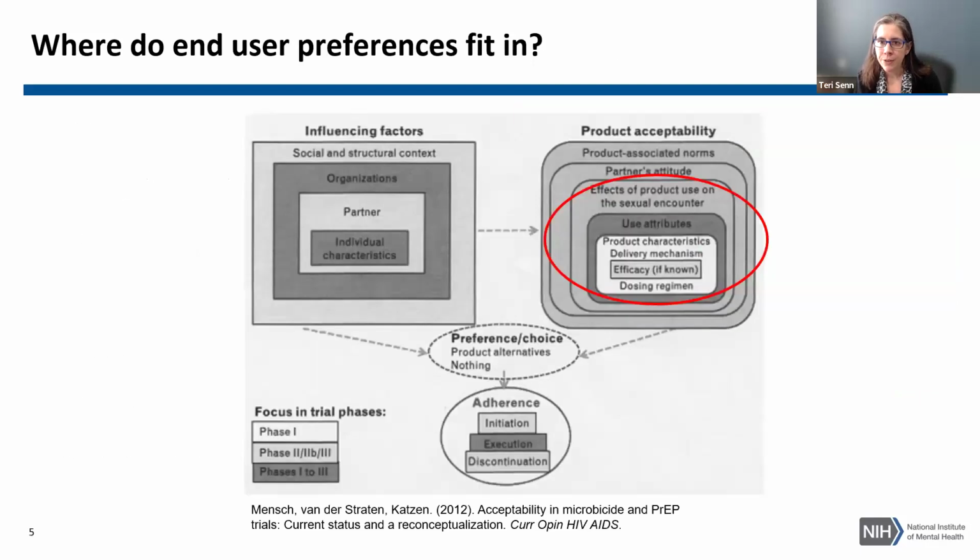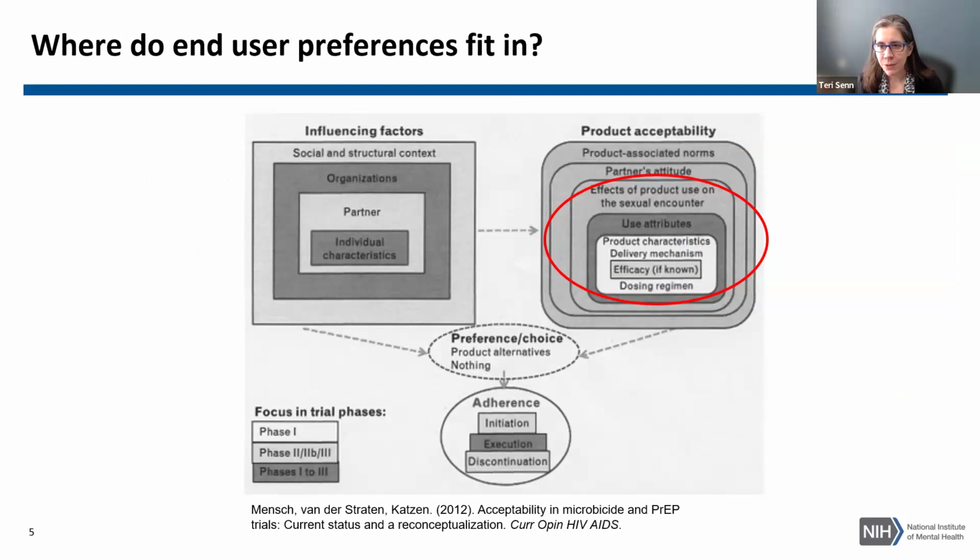Where do end user preferences fit in to predict ultimate uptake and adherence to a product? Well, here's one model which considers product characteristics as one component of product acceptability. And you can see some of the product characteristics circled in red in this model. And product acceptability is one of several factors that influence use.